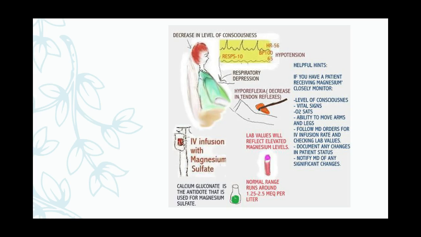Now, it's important to note that whenever we're giving magnesium, we are purposefully trying to elevate mag levels a little bit because we want to decrease the blood pressure and decrease the irritability of the central nervous system. But we want to make sure that we don't get that lab value above 8, because if we do, then our mom is going to start experiencing signs of mag toxicity.